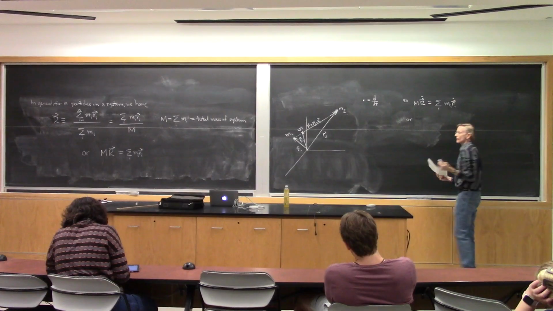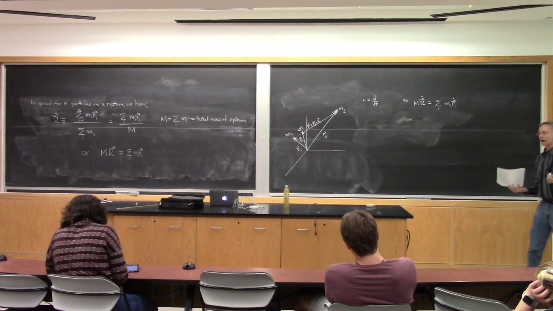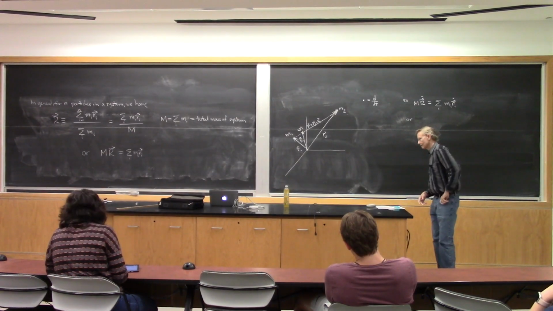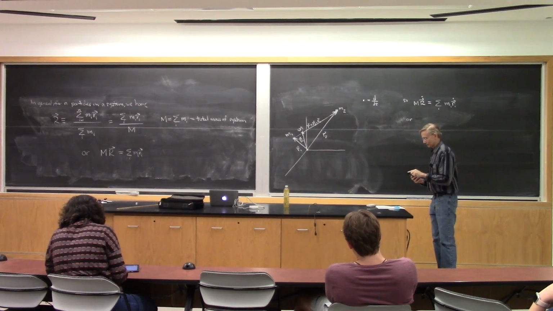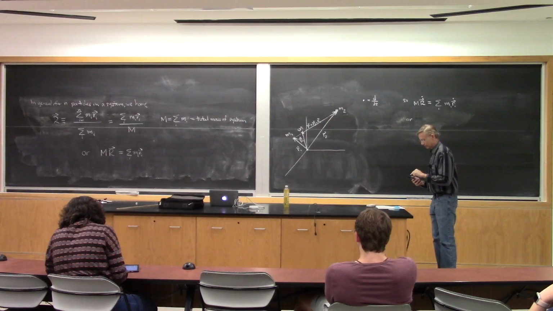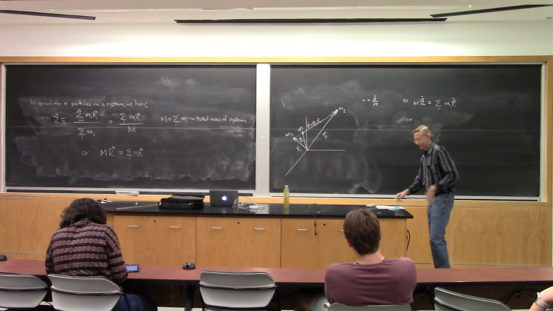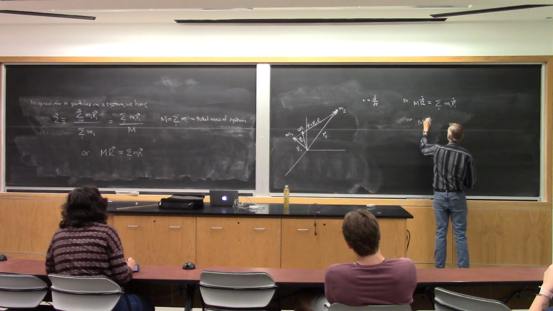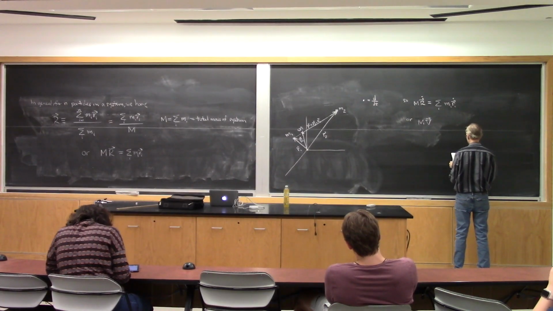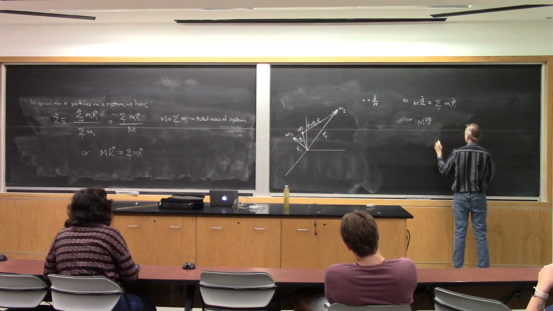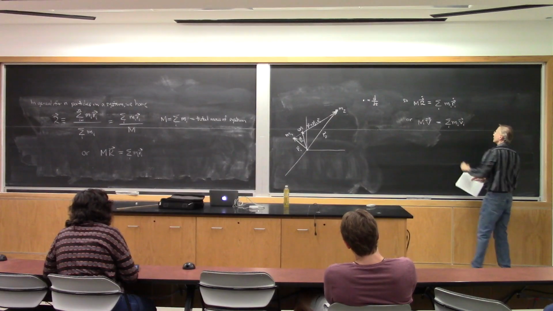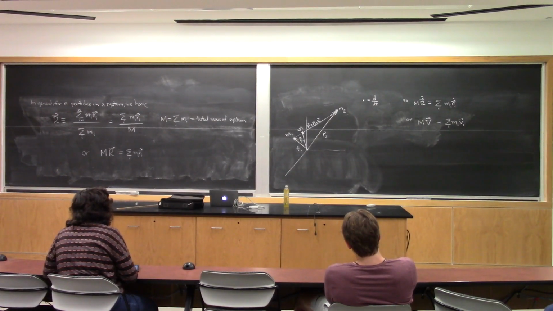Or if we define capital V to be R dot, the velocity of the center of mass, or capital M, capital V vector is equal to the sum of the m_i v_i, because r_i dot is the velocity vector of particle i.